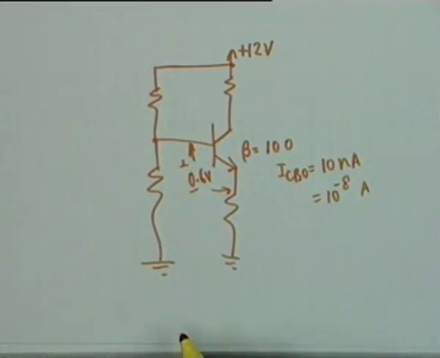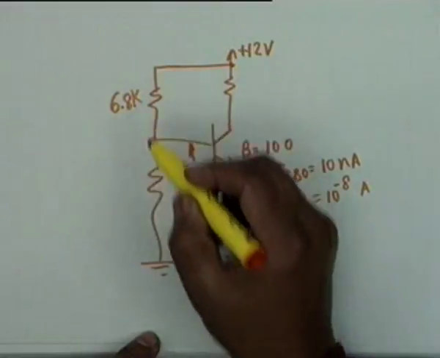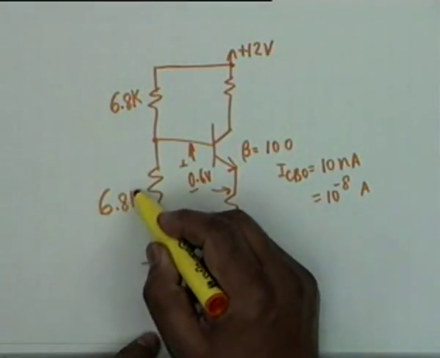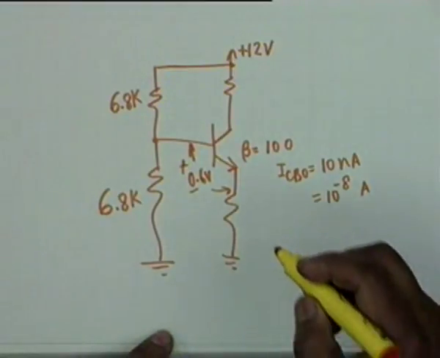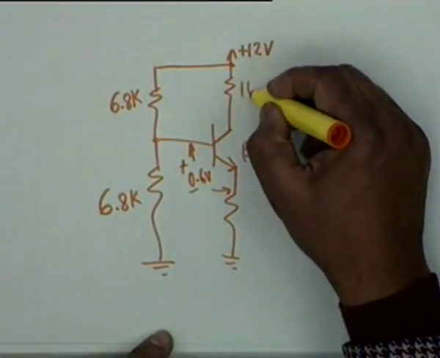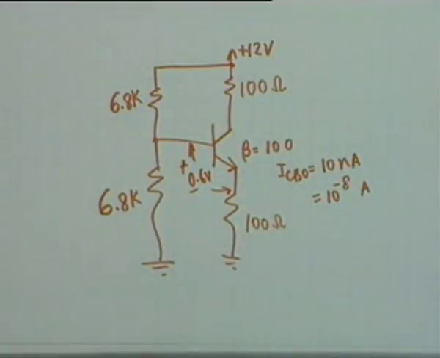R1 and R2 both are 6.8K, and RE and RC both are 100 ohms. Suppose this is the circuit, all right.